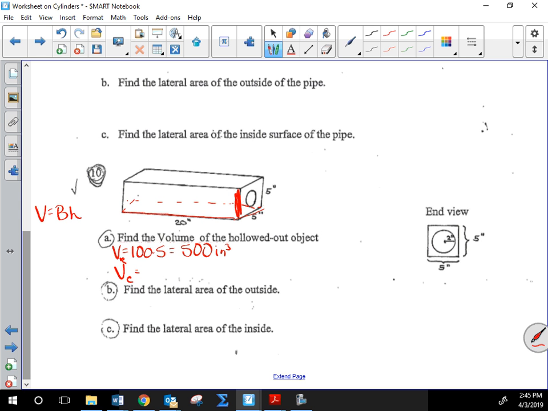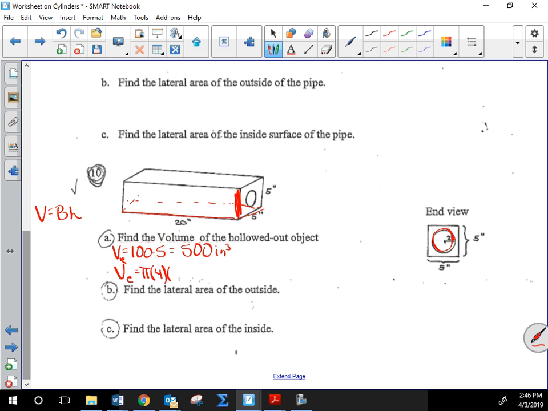And we want to subtract away from there the volume of our cylinder. So the same formula, area of our base. Our base, though, for a cylinder is a circle, and area of a circle is pi r squared. What's my radius again? 2. So 4 pi, times my height. What's my height of this cylinder?